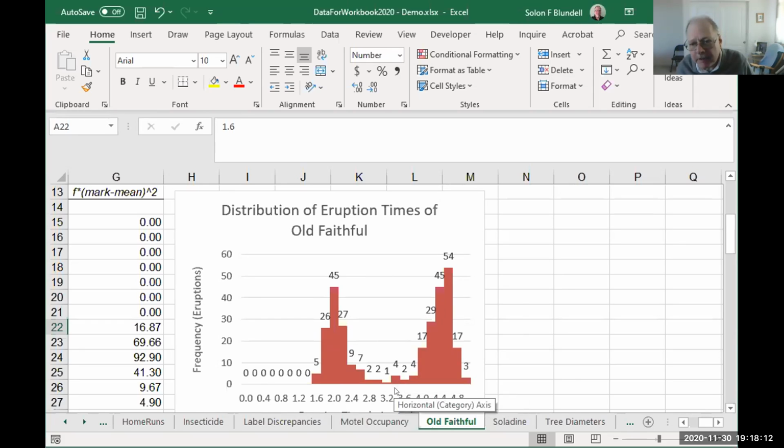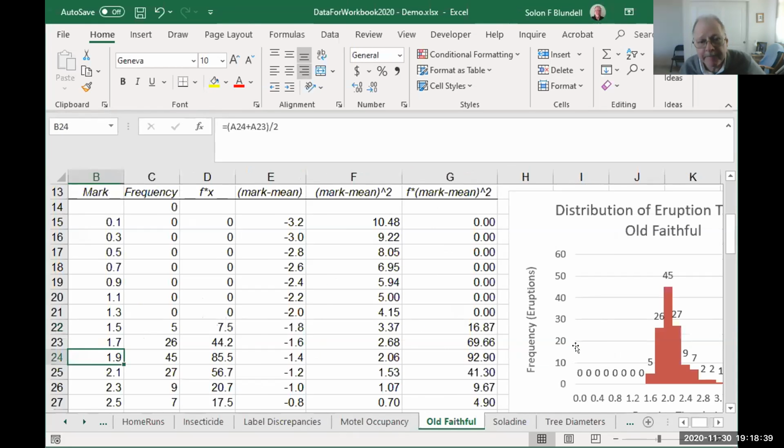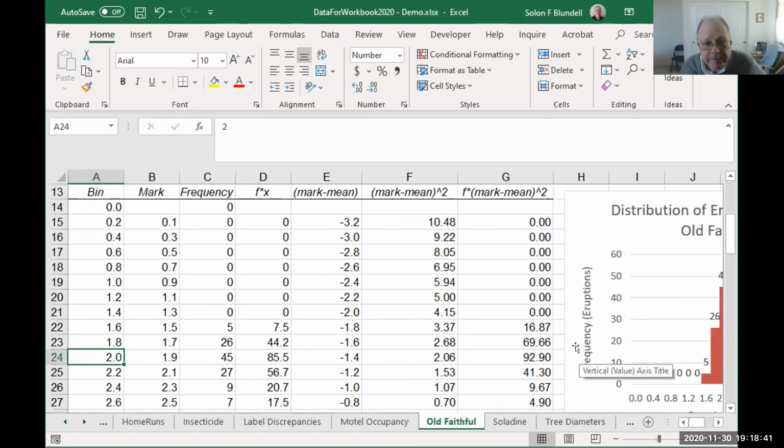And you can see that's somewhere in here. It's around, I don't know, maybe more than 3.2 minutes, certainly less than 4, somewhere in the middle 3 minutes range, 3.2, 3.6 minutes, something like that would be the mean, the average eruption time. And we want to figure out how to calculate that from the data.